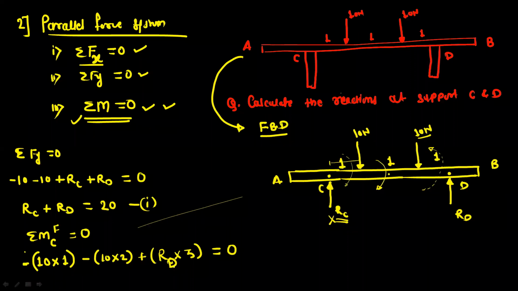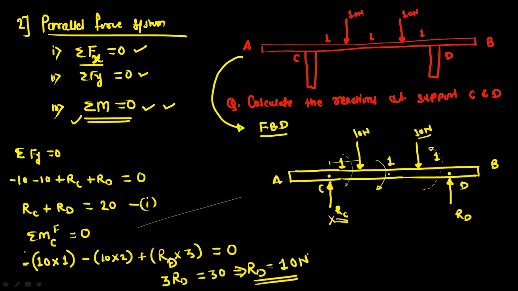Now from this equation you can write 3RD equal to, so this is minus 10 and this is minus 20, so it is minus 30 on the left, and on the right hand side this is plus 30. Then you will get the reaction RD equal to 10 Newton. So this is the first unknown value that we get from the moment equation.